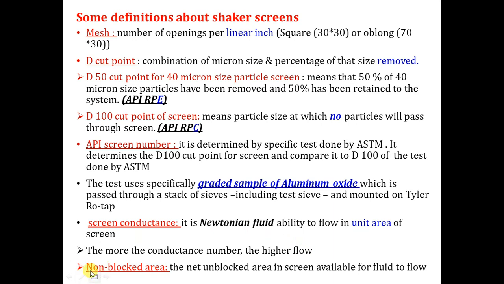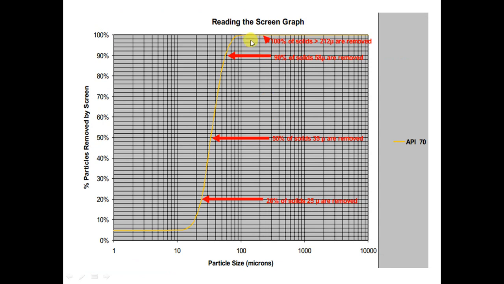Another definition is called the non-blanked area, which is the net unplugged area in the screen available for the fluid to flow. We have to distinguish between the non-blanked area and the open area in the screen, because this is very important. This is for D50, as you see here, and this is for D100, as you see here.